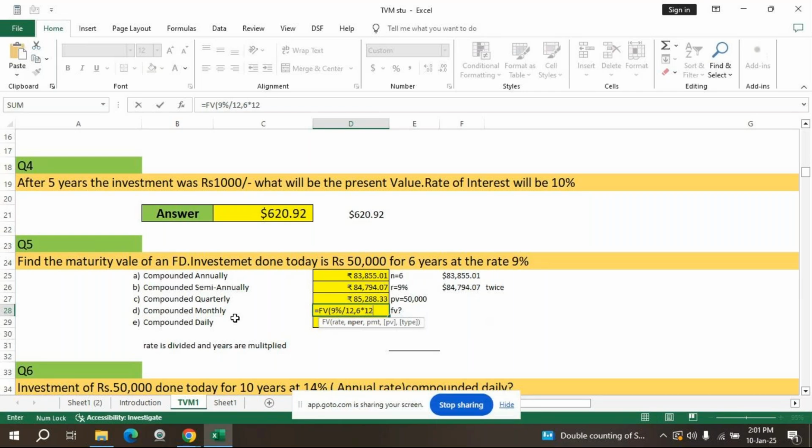Then comma, PMT is 0, comma PV, the present value minus 50,000. Then comma, the annuity type is again 0. Close the bracket and press enter. You'll be getting here 85,627.64.